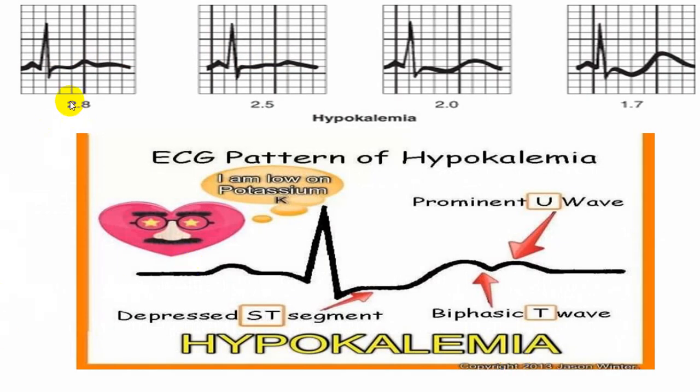You can see the ST becoming flat, then slowly the ST depression, the T wave almost becomes inverted, U wave appearance. So the U wave will appear, biphasic T wave, then the T wave will be inverted, ST depression will be there, the P wave will be prominent, and there will be a little prolongation of the PR interval.